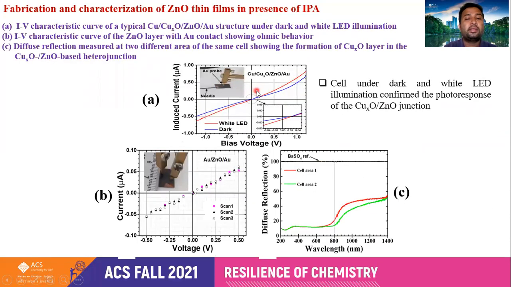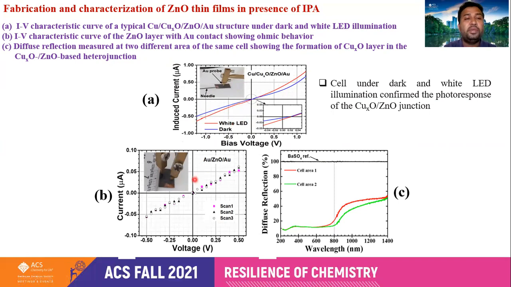Now the I-V characteristic curves for my samples, specifically for copper substrates. The first graph represents the I-V characteristic curves of a typical copper oxide, zinc oxide, gold structure under dark and white LED illumination, and it confirms the photoresponse of copper oxide-zinc oxide junctions as a preliminary concept to make copper oxide-zinc oxide heterojunctions.